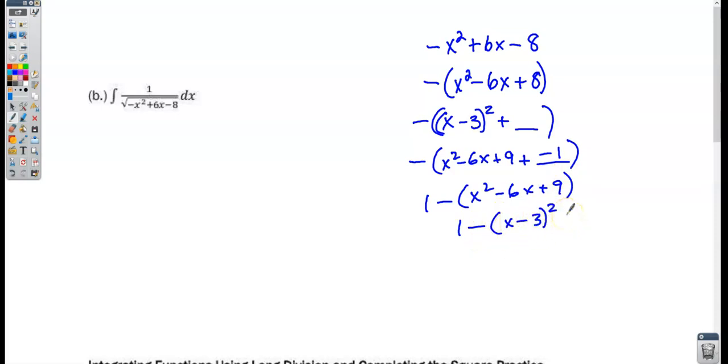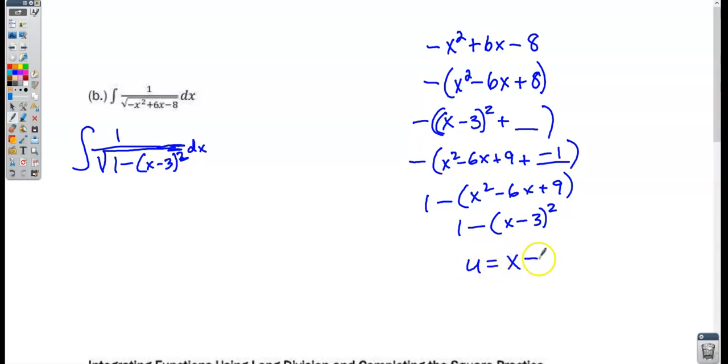And so I can replace what's inside this radical with the expression 1 minus the quantity x minus 3 quantity squared. So this is equal to the integral of 1 over the square root of 1 minus the quantity x minus 3 quantity squared dx. Okay. And now again we can use a substitution.